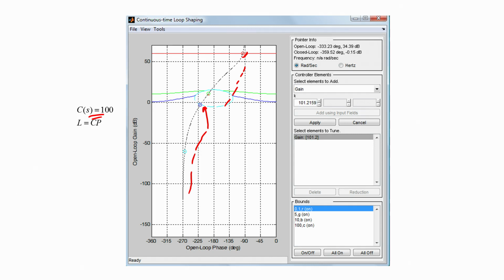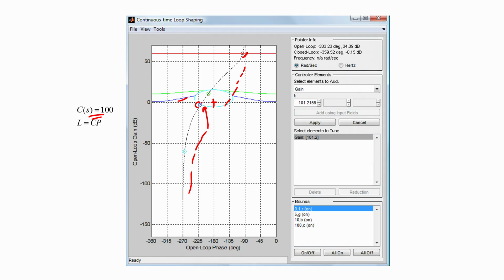The green circle, however, still will be below the green bound, the blue circle will be below the blue bound, and what is worse, when we look at the Nichols plot, we see that it is encircling the critical point, namely 0 dB and minus 180 degrees in the wrong direction, or in other words, at the gain crossover frequency the phase lag is greater than minus 180 degrees, and therefore our closed loop system is going to be unstable with a simple proportional controller of gain 100.